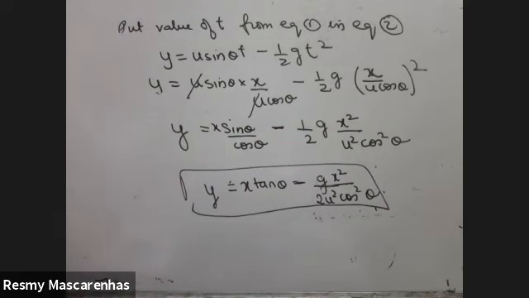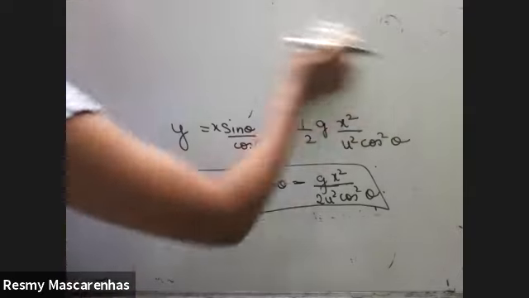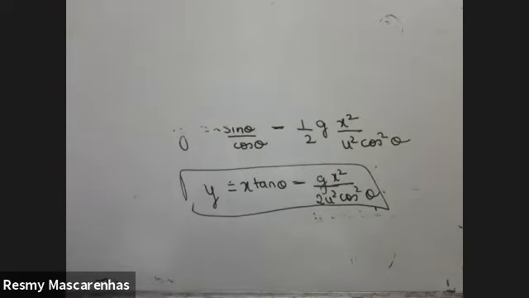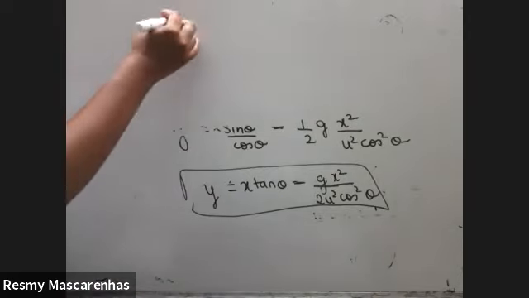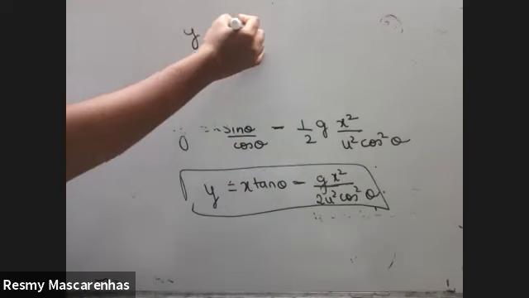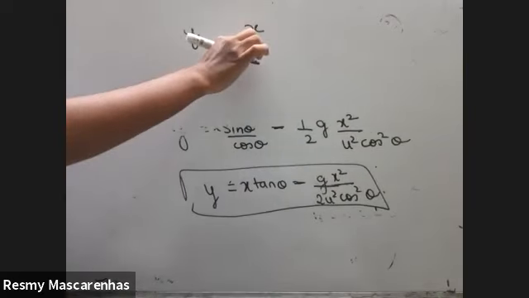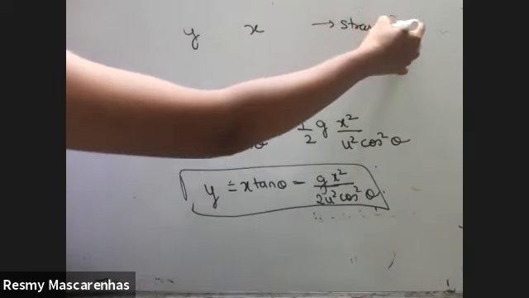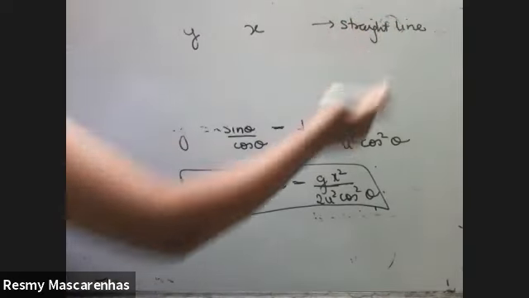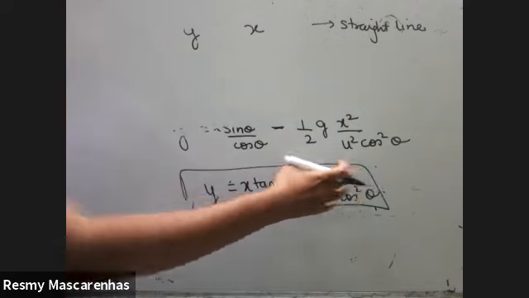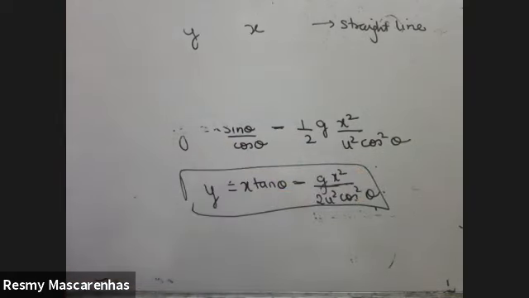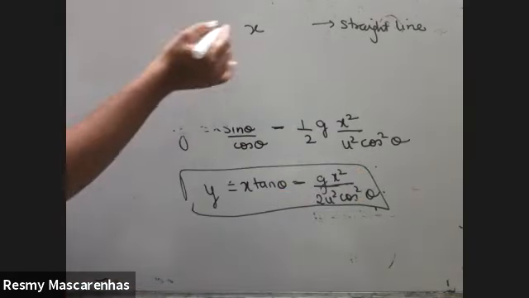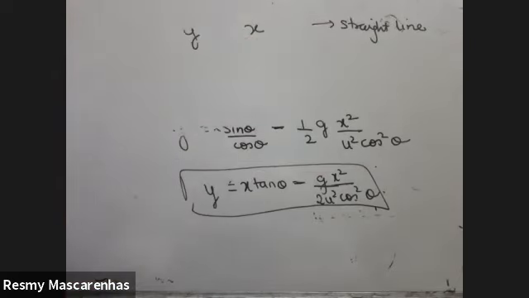Now this will give you a relation between x and y. Based on that, you can always tell what kind of path it is. Suppose you have single y and single x, then it will always be a straight line. If you have simple x and simple y in the equation, with no power, then it is always a straight line.